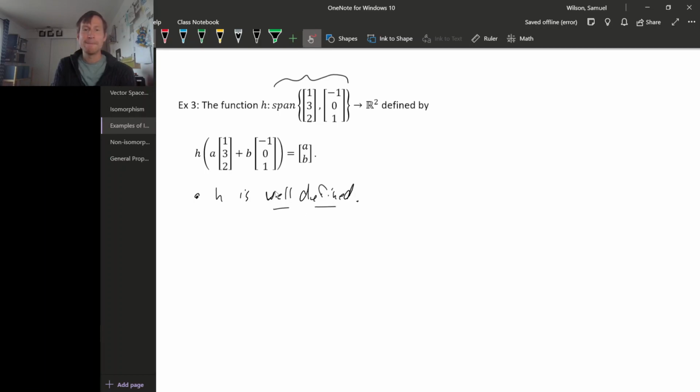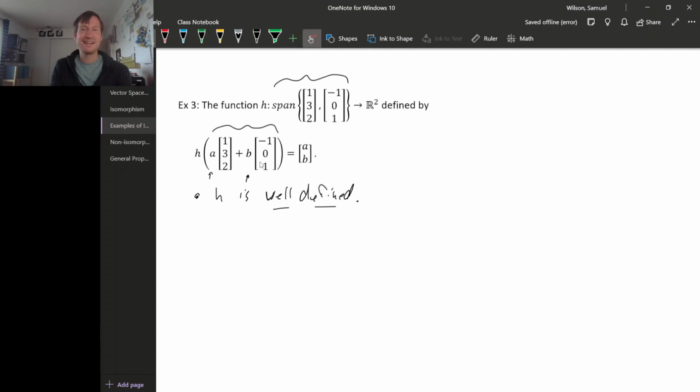Well, there's some apparent ambiguity in how this function is defined, because what if there's more than one way? What if for a fixed vector, there's more than one way to choose coefficients on these vectors that produce that vector?